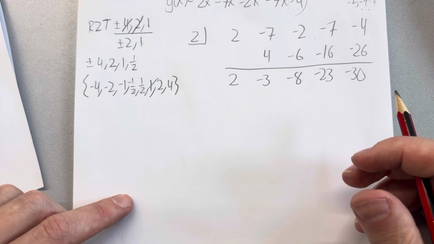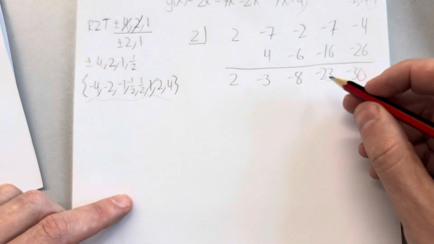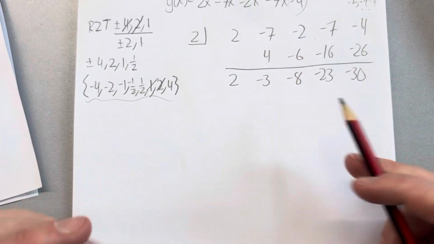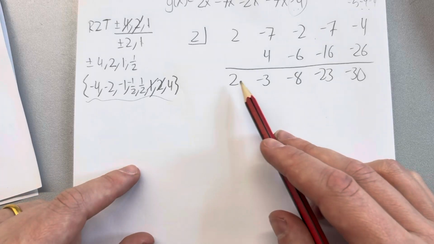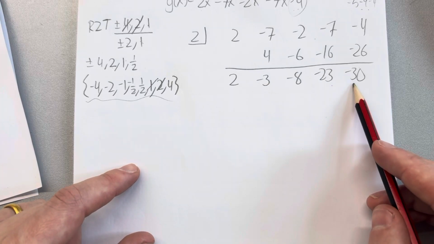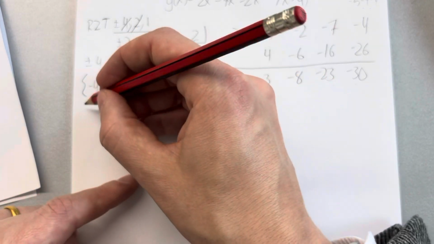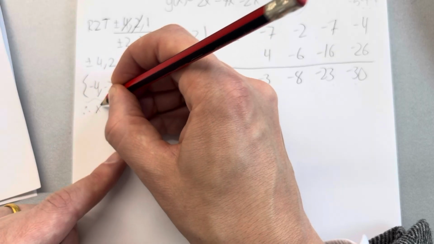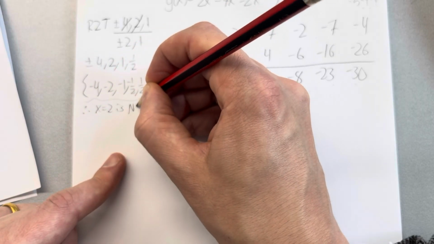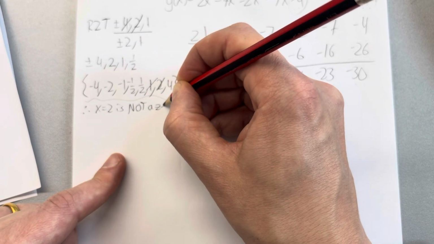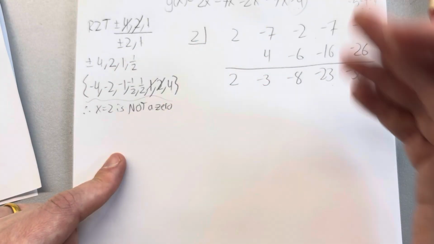Okay, that was not helpful because we found that 2 is not a 0, and can we even use the upper bound test here? No. Since we have some negative results here, we don't even know if 2 is an upper bound. All we know is 2 is not a 0. So we theoretically could have 4.